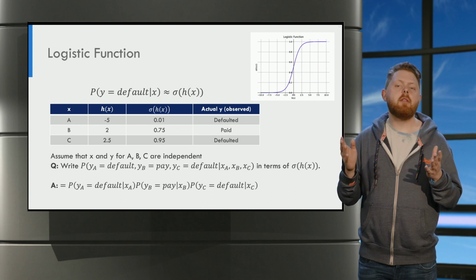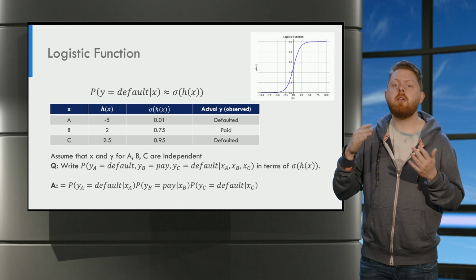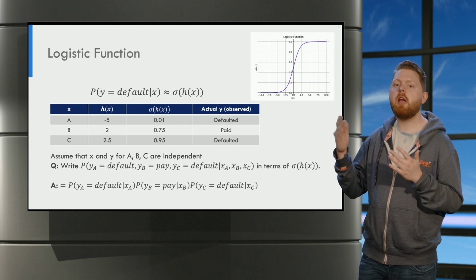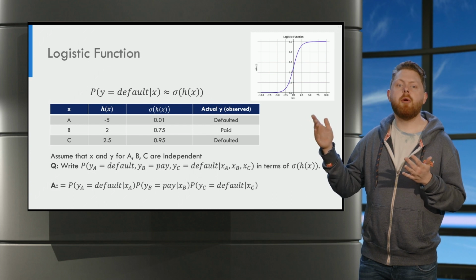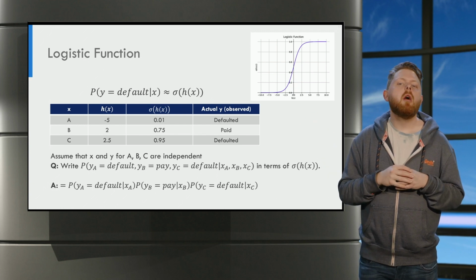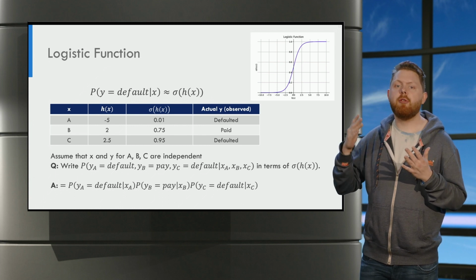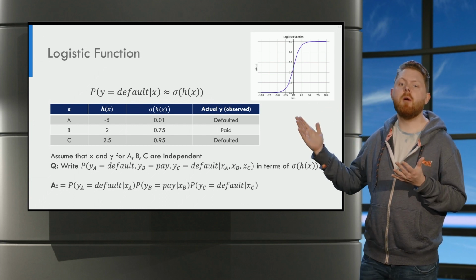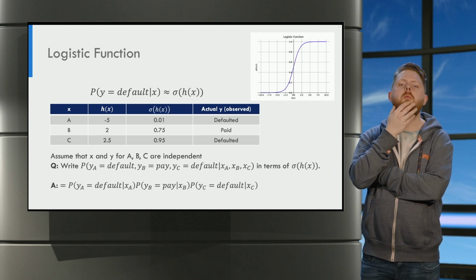You should realize that the values for the probabilities A defaults and C defaults are listed in the table: 0.01 and 0.95. The only probability that we don't know is the probability for person B, who has paid back the loan. How do we get the probability of paying back the loan?